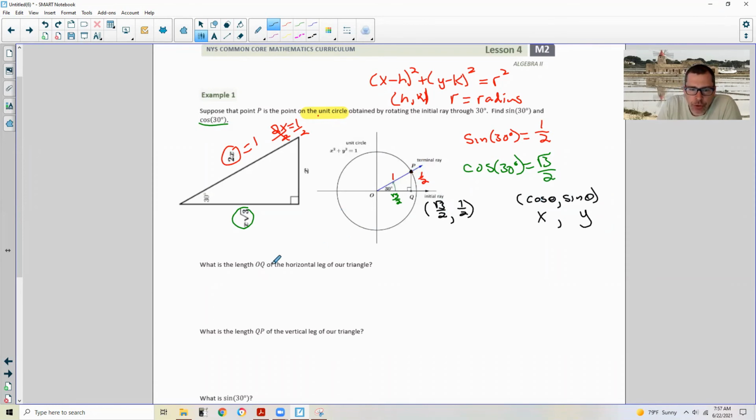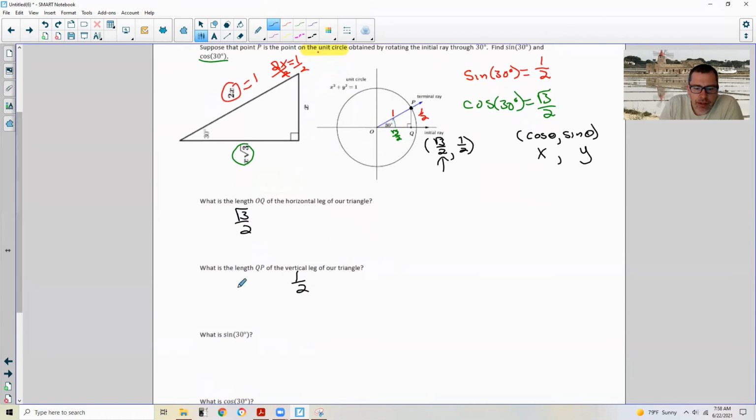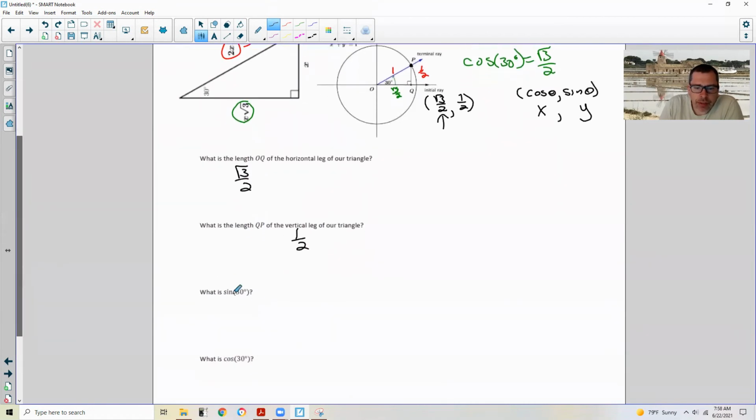So the length of OQ is our x value. So it's the square root of 3 over 2. What is the length of QP? That's the height or the sine, and that is 1/2. Okay. What is the sine of 30 degrees? Well, we already answered that. The sine of 30 is 1/2. And the cosine of 30 is the square root of 3 over 2.